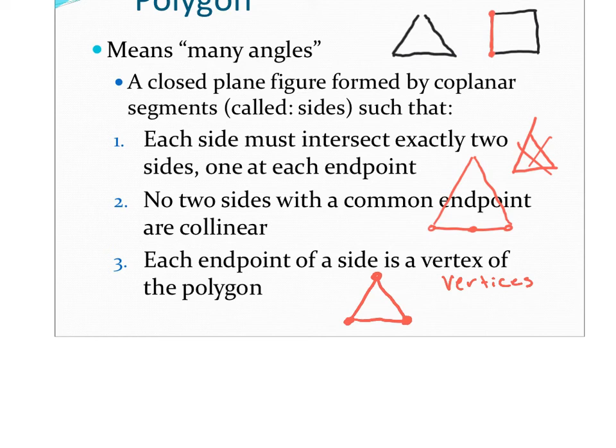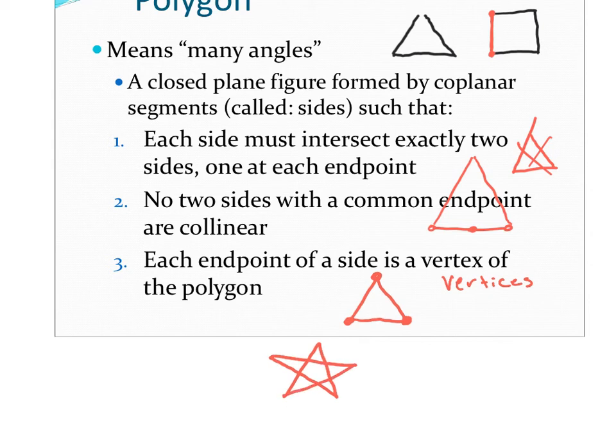The other thing that we shouldn't see in any polygon is lines crossing over each other. For example, I could draw a rectangle. Or here, let me draw a better shape. This is a shape that is made out of straight lines. That is not a polygon.